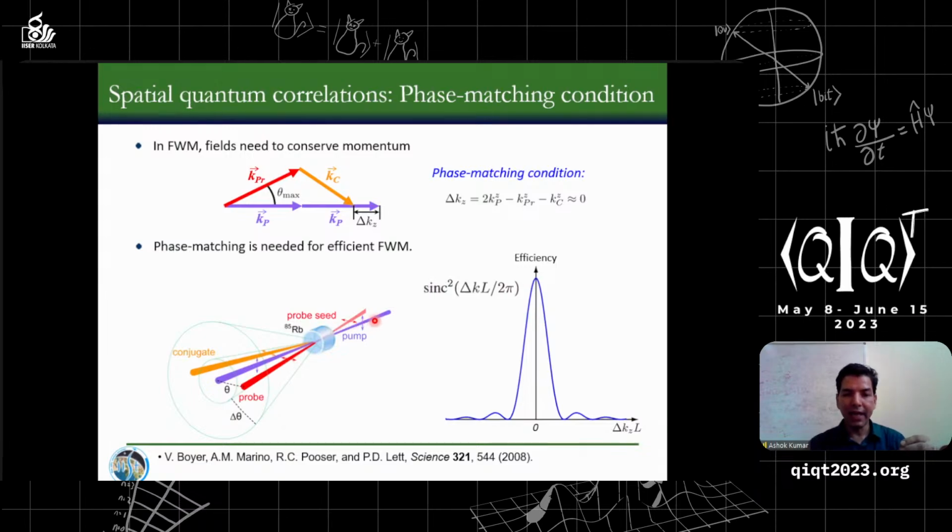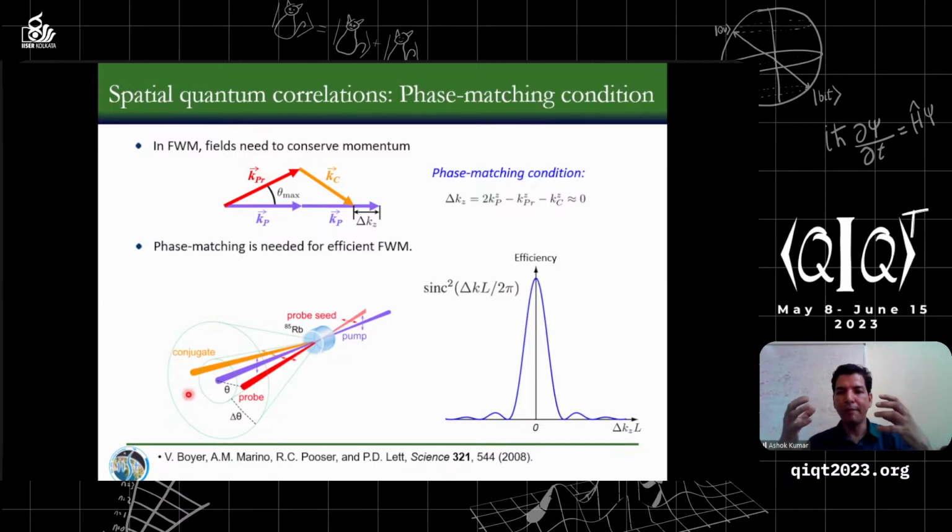Since there is some tolerance on delta K, the photons that you create with your nonlinear optical interaction will be emitted on a cone which has a certain width. You can have photons which are correlated in this region, so there are multiple modes, not just a single spatial mode.